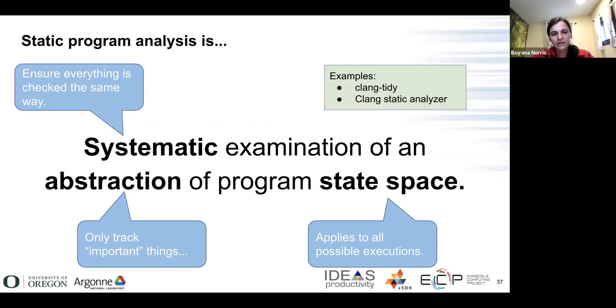Statically and dynamically. Static program analysis allows you to consider all possible executions. So that's really the big takeaway here. Regardless of how many tests you have at your disposal, you're able to look at the entire code with all its paths. And Clang Tidy and the Clang Static Analyzer offer ways to do that.